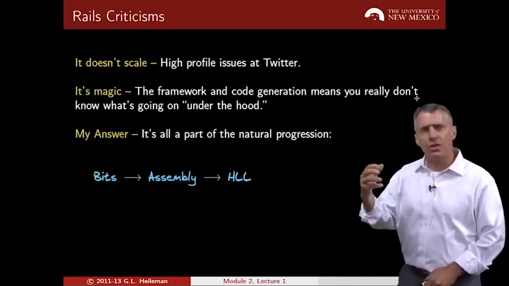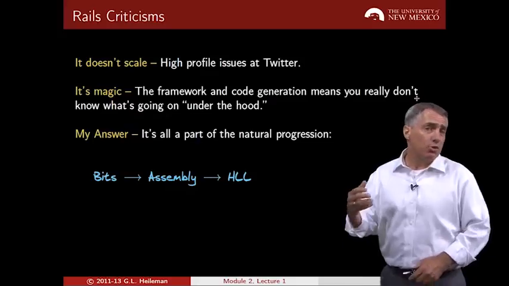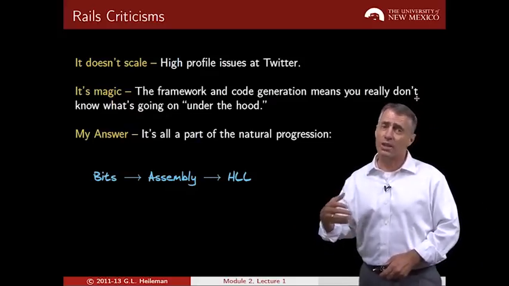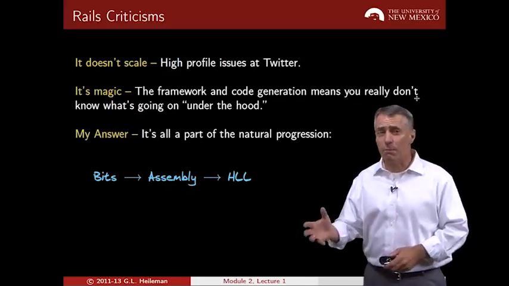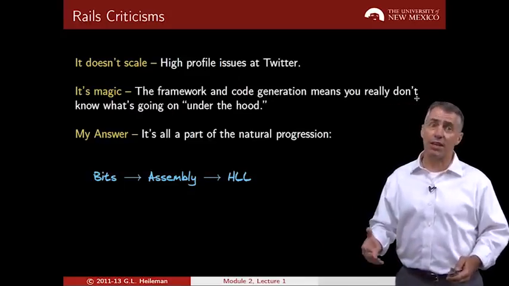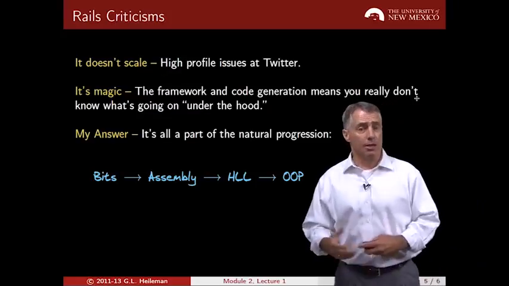People, during the time of the invention of these high-level programming languages like Fortran, would complain saying, well, I don't know what's going on under the hood in that case either. You're starting to lose something. You're gaining productivity, but you're losing your ability to control some of the fine details. But programmers became more productive as they had high-level programming languages made available to them.